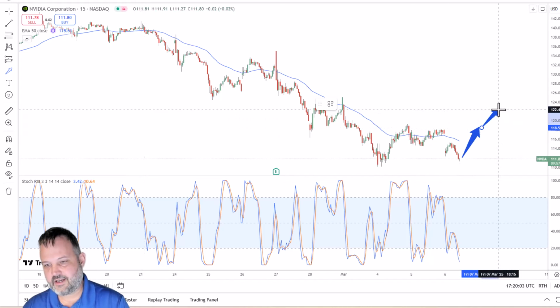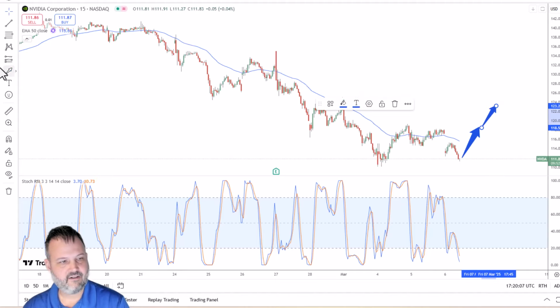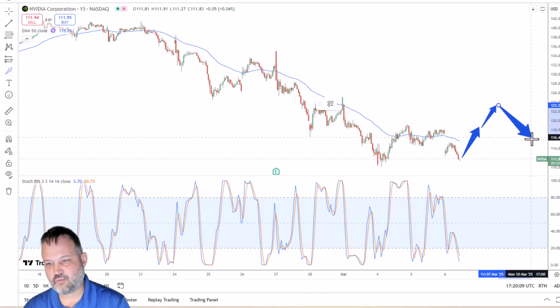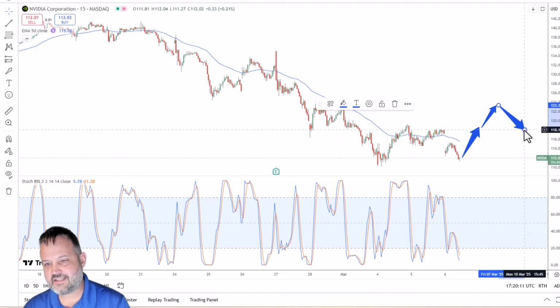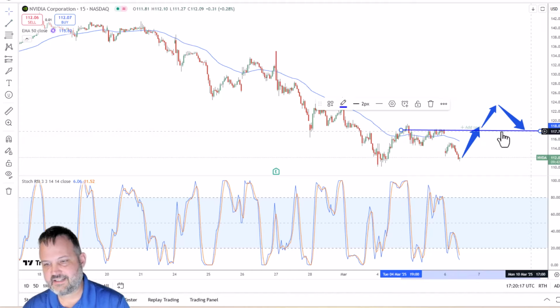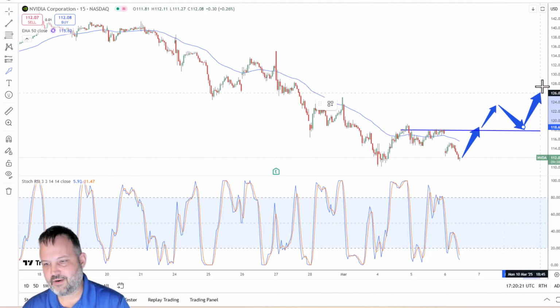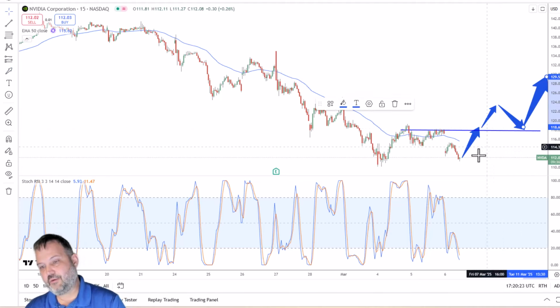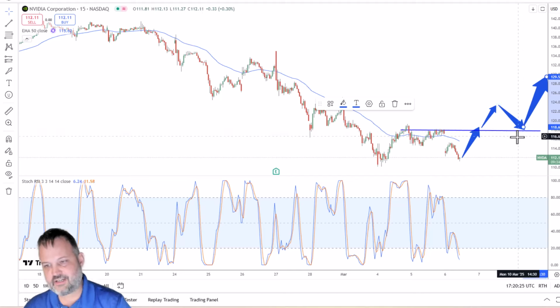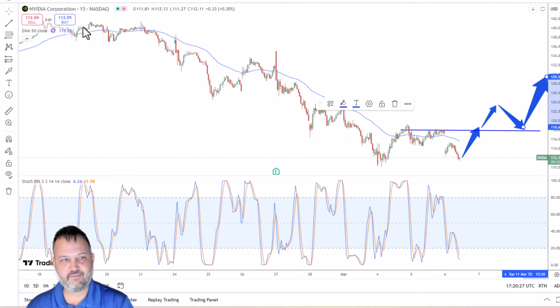Then I would wait for it to come back like this, right? I want to make sure that it comes back right down here, back to the same level. Okay, so we would draw another level. I wait for it to come back and retest it, and then I would wait for it to break, okay? So I would wait for that pattern that you see right here to happen on a 15-minute chart.